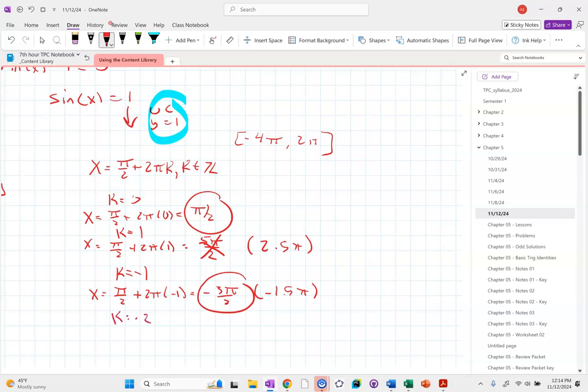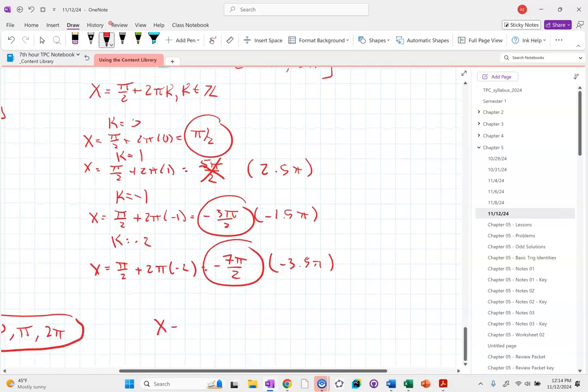And if I say k equals negative 2, it's pi over 2 plus 2 pi times negative 2. That's going to be negative 7 pi over 2, or negative 3.5 pi. That's still good, but if I subtract another 2 pi from that, it's definitely going to be too small, right?